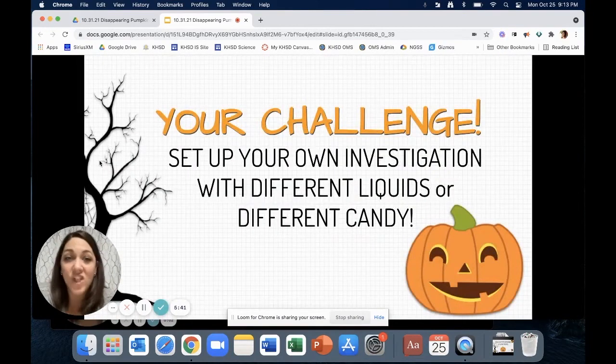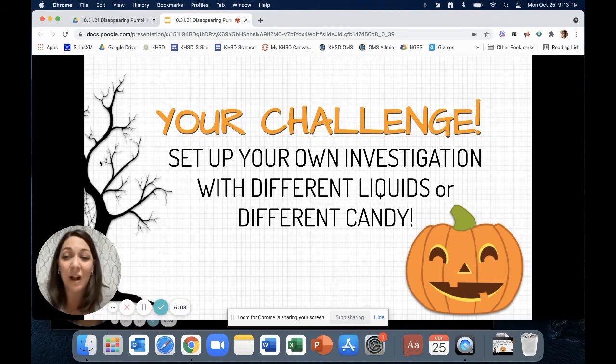So your challenge, if you'd like to do this at home or maybe with your classmates, is to set up your own investigation with different liquids. Drew and Connor had some great suggestions for other liquids. I'm sure you could come up with some additional ones as well. And see if you find any other liquids that do a good job at dissolving or breaking apart candy pumpkins, or whatever candy you can find.